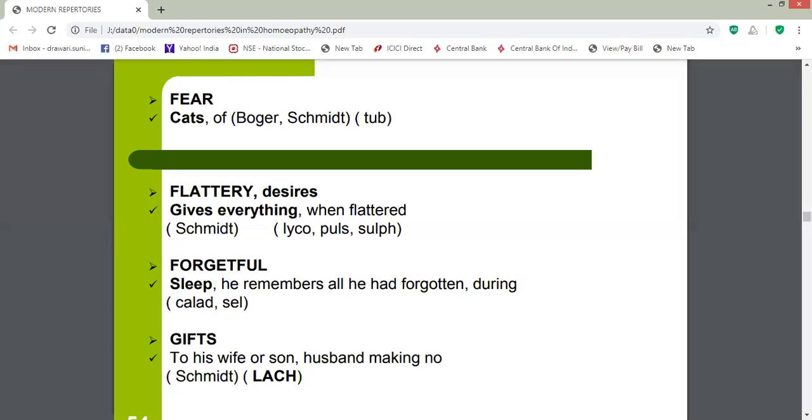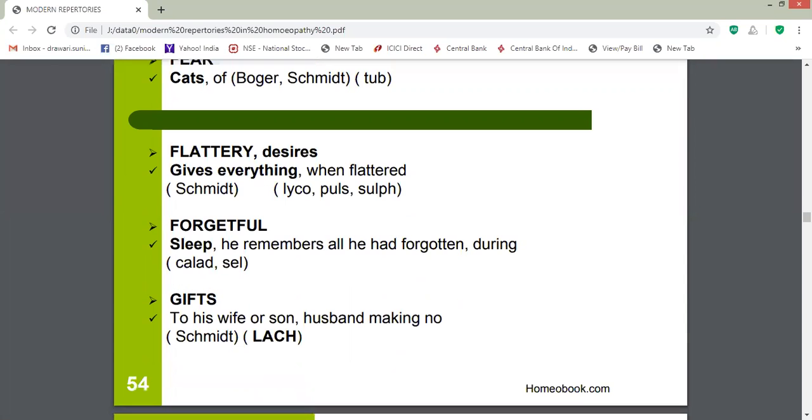Forgetful, sleep, he remembers all he had forgotten during. The medicines are caladium and selenium. Then gifts to his wife or son, husband making no. This was taken from Smith's work, and lachesis was the indicated medicine.